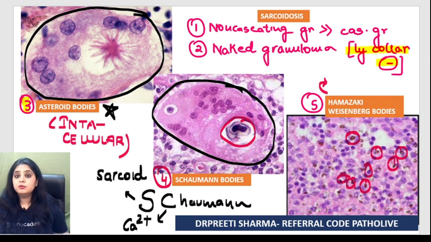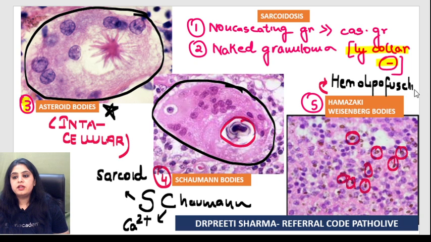Some people said it's hemosiderin pigment. Some people said it's like a lipofuscin pigment. But then they said it's actually both. So they said why not mix it up as hemolipofuscin. So no one party wins. Both of them put up together. It's a combo of hemosiderin and lipofuscin. That's Hamazaki-Wesenberg bodies. Another type of bodies that you see, number 6, is known as lamellar bodies.